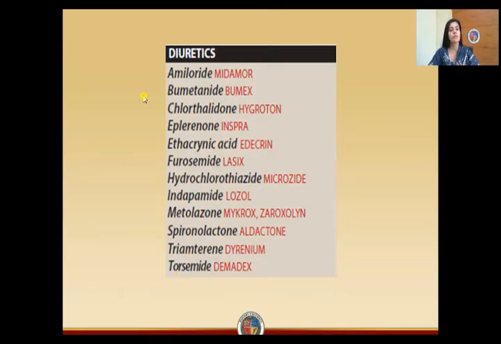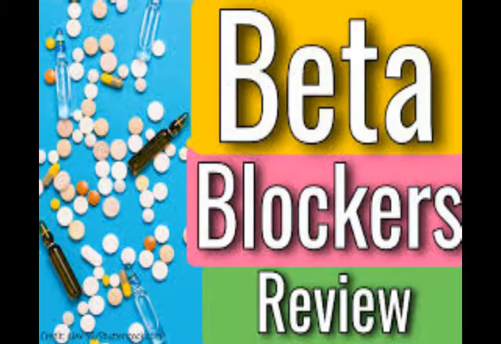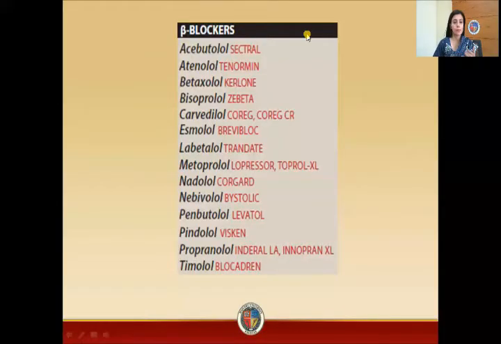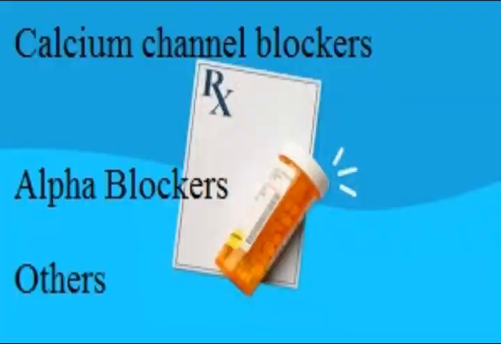So these are the drugs which are under diuretics. In case of beta blockers, we have acebutolol, atenolol, betaxolol, bisoprolol, carvedilol, esmolol, labetalol, metoprolol, nadolol, nebivolol, penbutolol, pindolol, propranolol, and timolol. So these are the drugs of beta blockers.